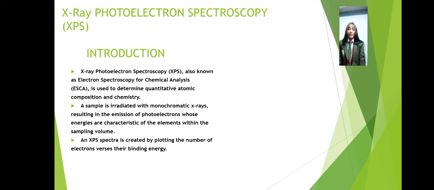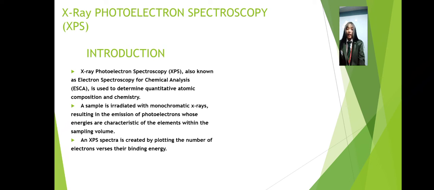Moving towards the introduction part, here are some points. Point number 1, X-ray photoelectron spectroscopy (XPS), also known as electron spectroscopy for chemical analysis (ESCA), is used to determine quantitative atomic composition and chemistry.